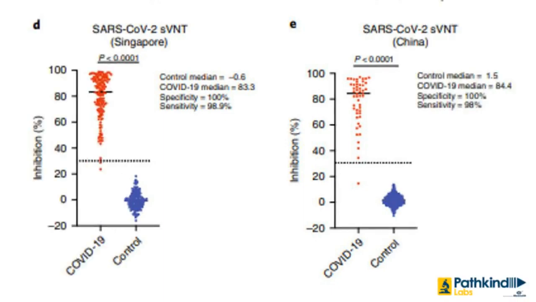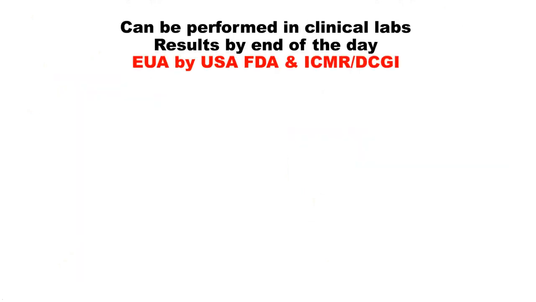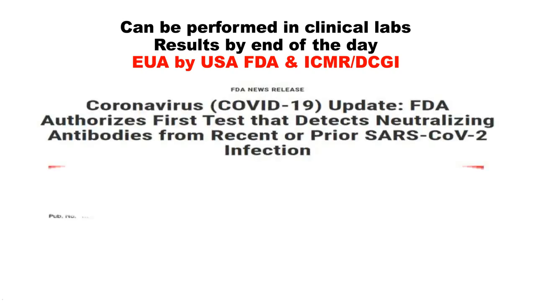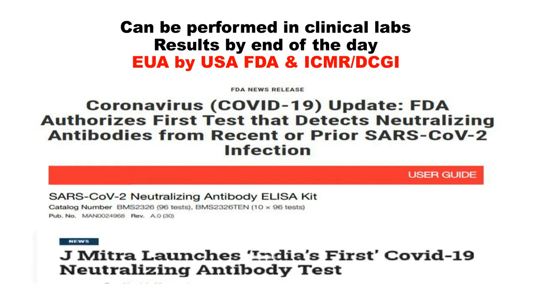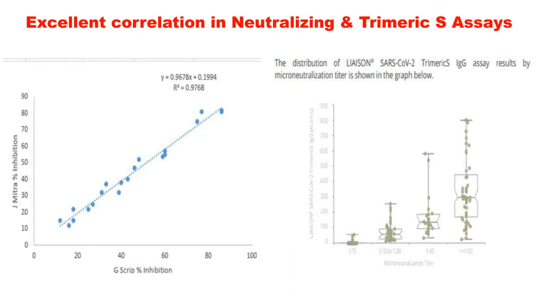When tested in Singapore as well as in China, it could differentiate between those who had protection and those who had no exposure. This was then given emergency approval by the US FDA and also by ICMR and DCGI in India. Many manufacturers could make this test, and when tested, they had equivalent results.